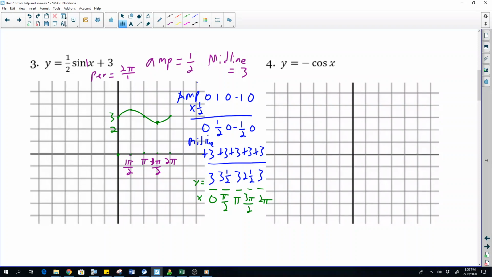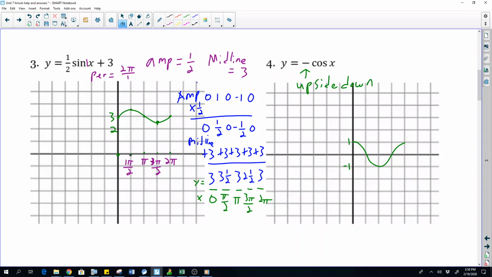I hope you did. Now we're looking at cosine, which hopefully you already have memorized. The cosine function just starts at 1 and goes to -1, like this. But now this symbol means upside down.